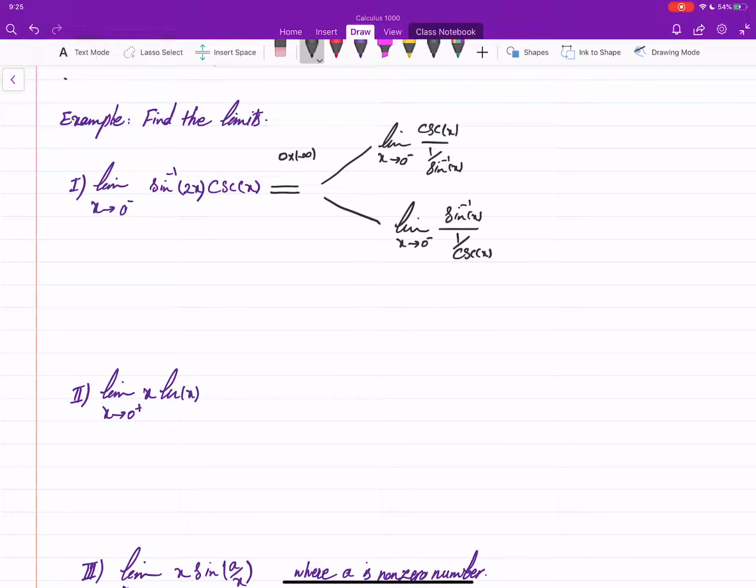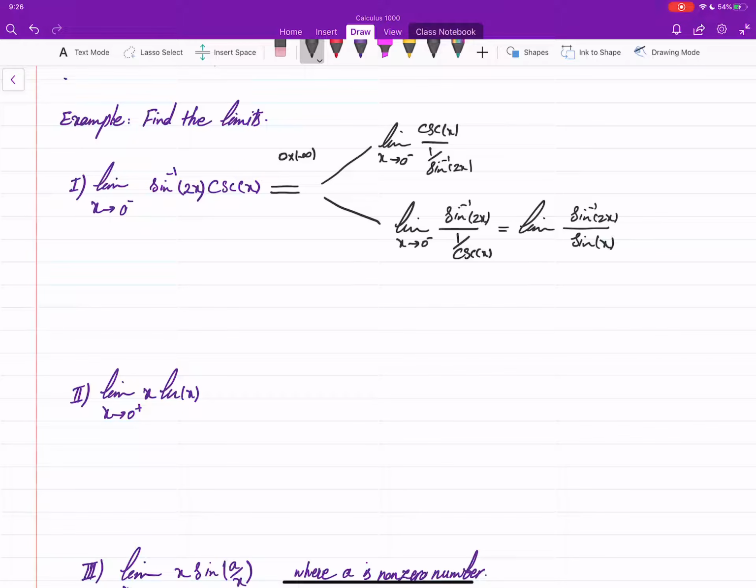You have to look case by case. In this case, 1 over cosecant x is sine x. These were 2x, and this guy is also 2x, and this is also 2x.